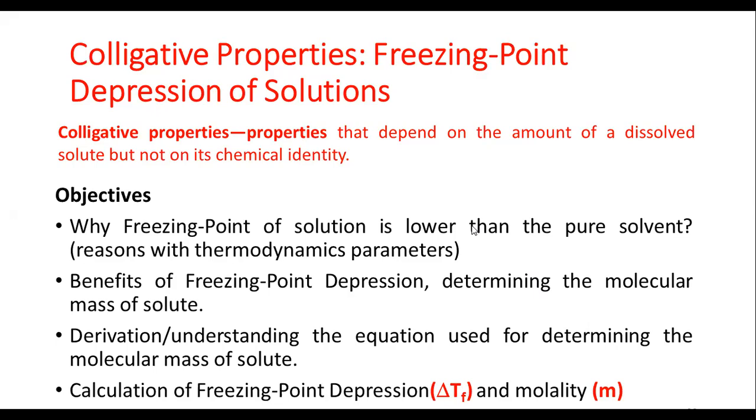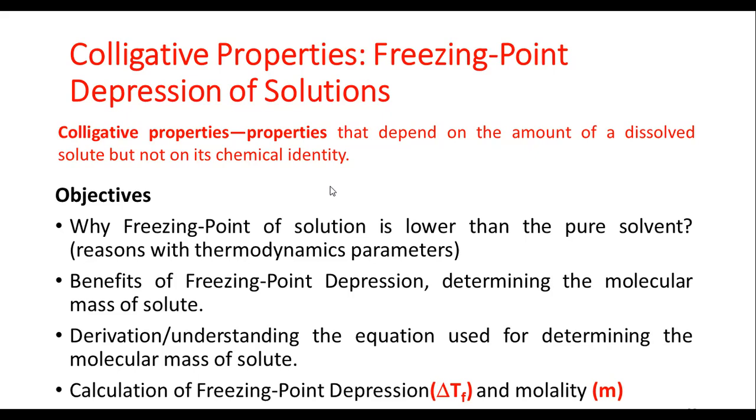In this lecture, I will discuss the third colligative property, which is the freezing point depression of solutions, or you can say the lowering of the freezing point of the solution as compared to the pure solvent. Colligative properties are the properties that depend on the amount of dissolved solute, but not on its chemical identity.